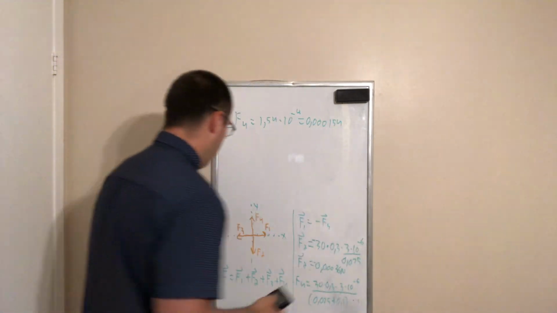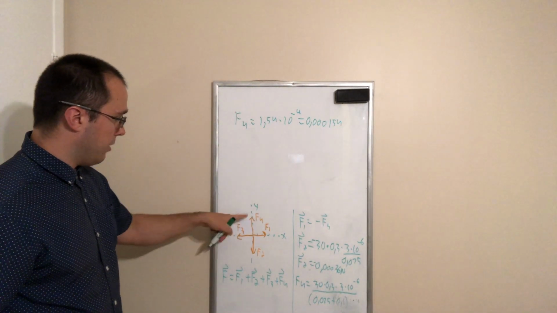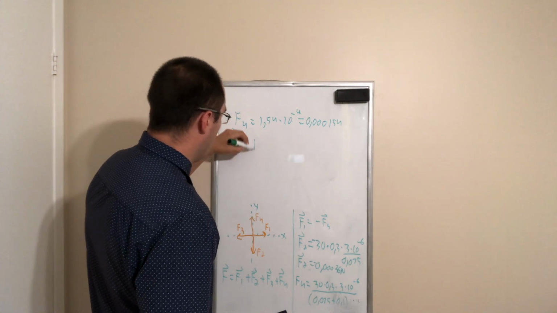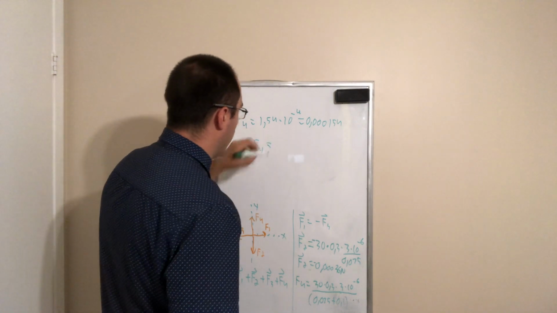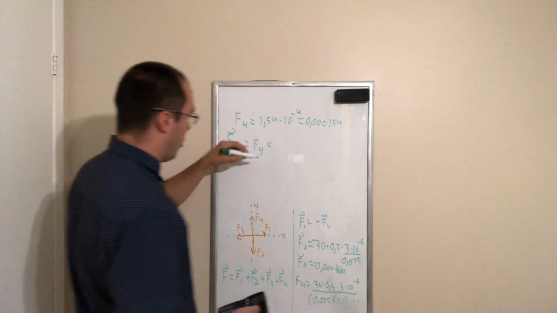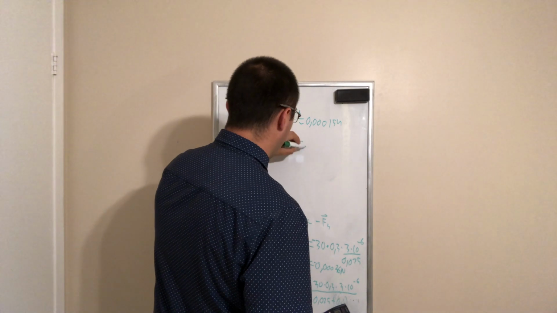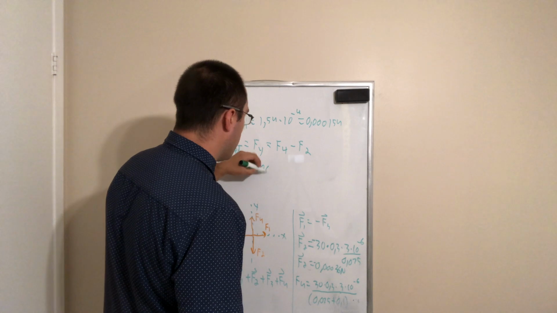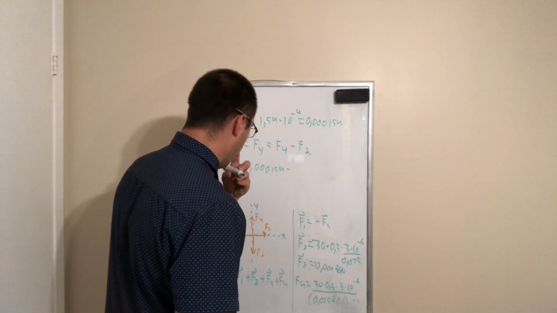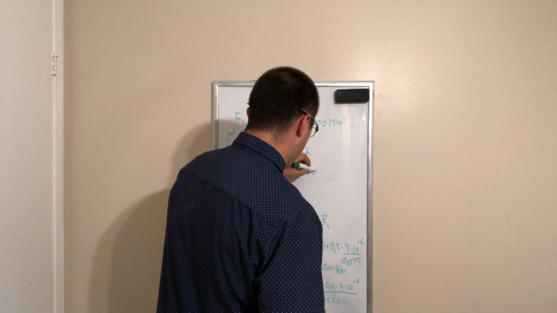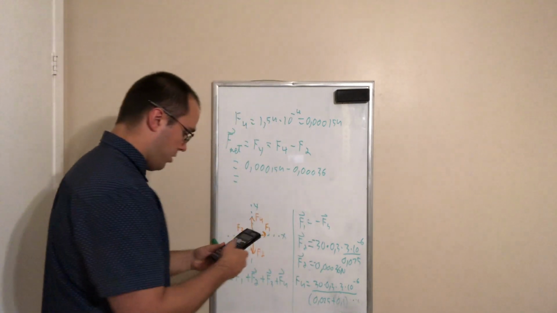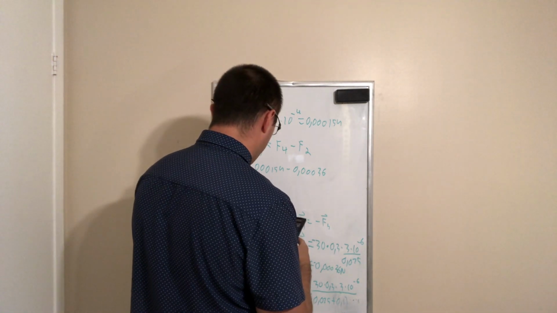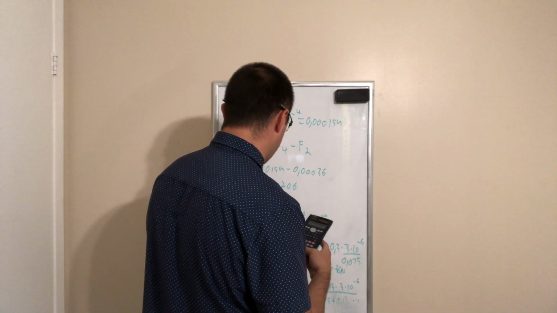or 0.000154. All right, if we look, F2 is pointing down, F4 is pointing up, so the net force will be in the y direction. So Fy is equal to F4 minus F2, which is equal to 0.000154 minus 0.00036, and we get a net force of minus 0.000206 Newton.